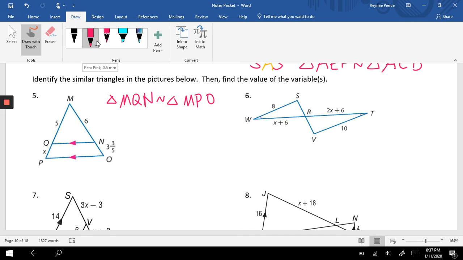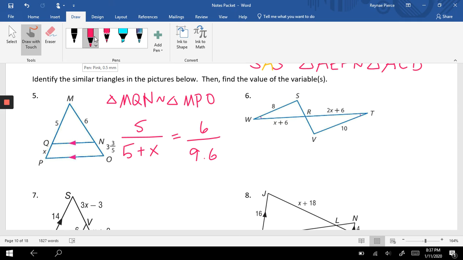Once I've identified those similar triangles, I'm just going to set up a proportion here. Okay, 5 matches with 5 plus x. Okay. And then 6 matches with 9 and 3/5, so 9.6.